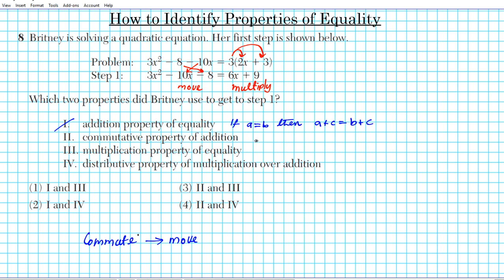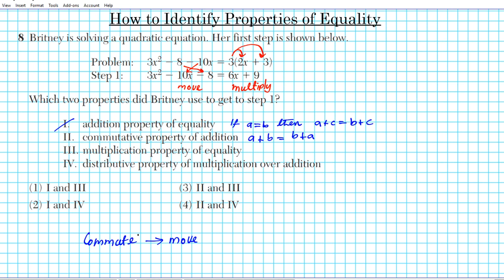Alright, so commutative property of equality basically implies that A plus B is equal to B plus A. Alright, so here what we have, you got to be a little bit careful here. The signs weren't changed. She just reversed the order here.